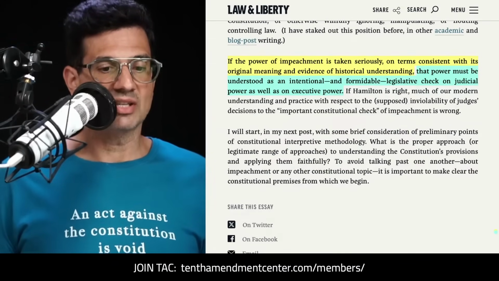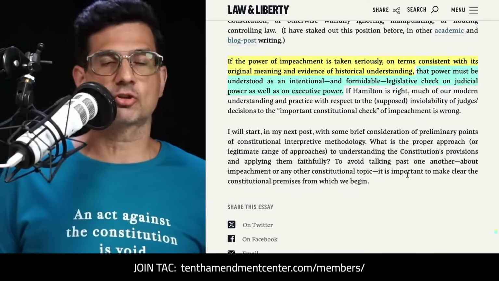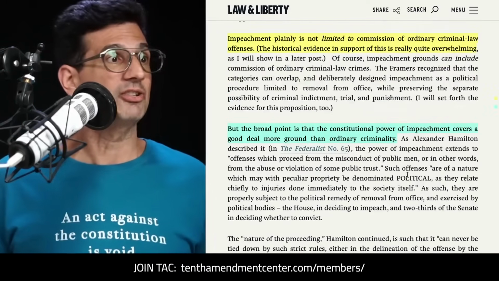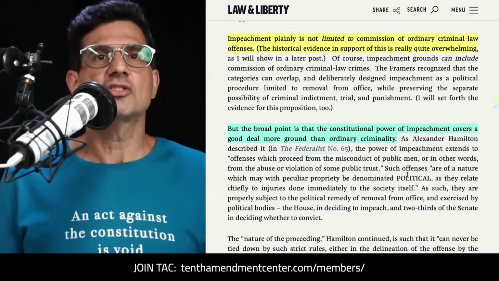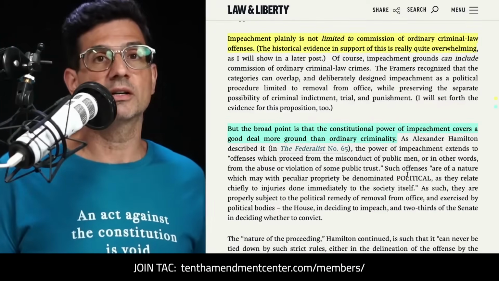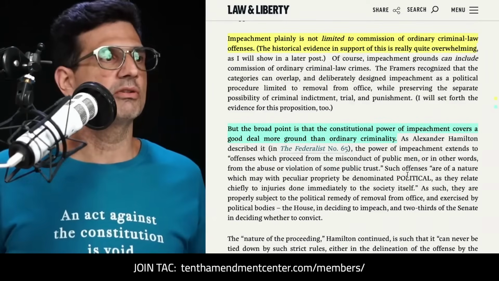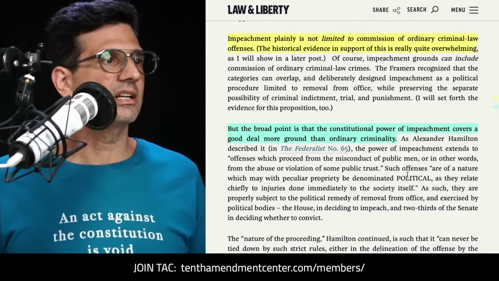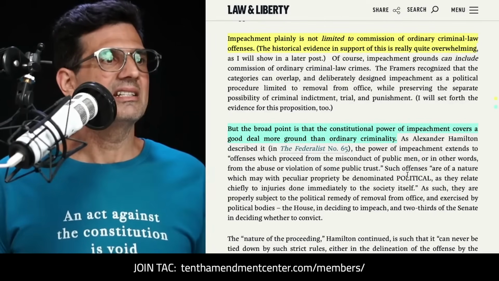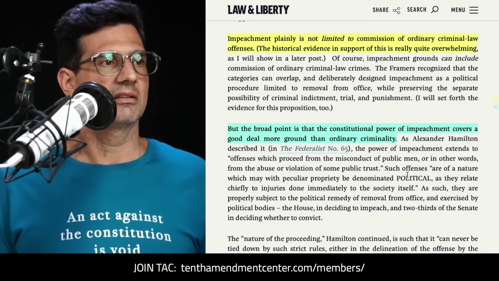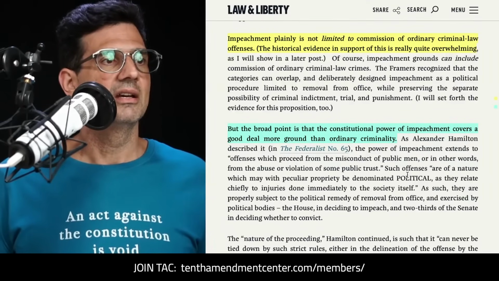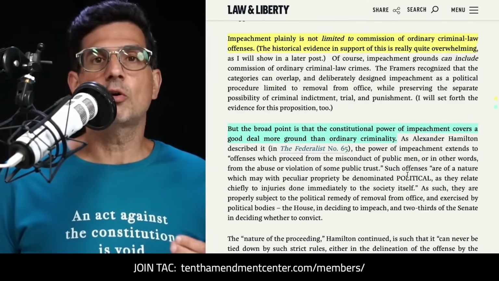Now, the framers designed impeachment to be extraordinarily broad, especially in comparison to how most people describe it today, covering not just statutory crimes, crimes on the books, but any serious abuse of power. And Paulsen explains that impeachment plainly is not limited to commission of ordinary criminal law offenses. And the historical evidence, he says, in support of this is really quite overwhelming.